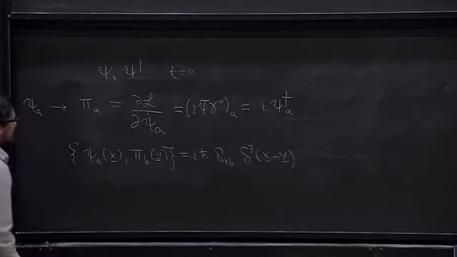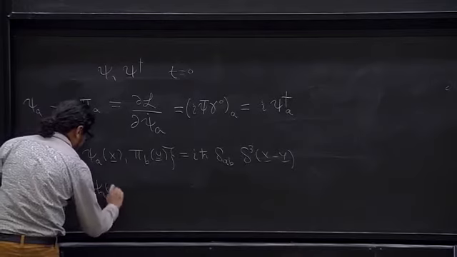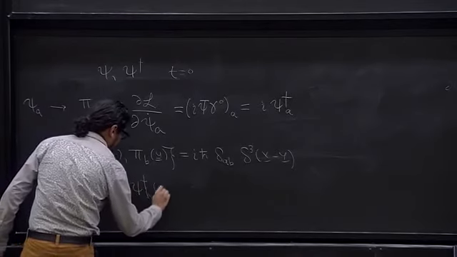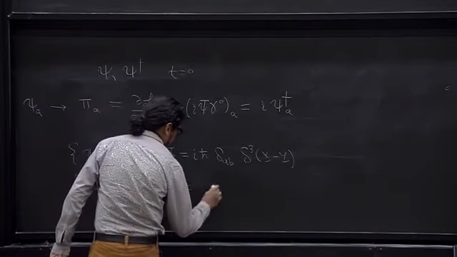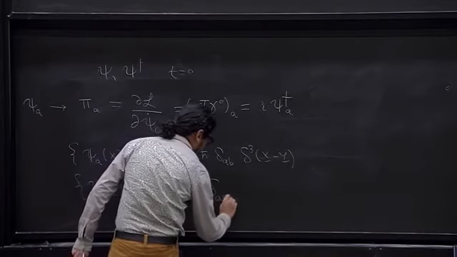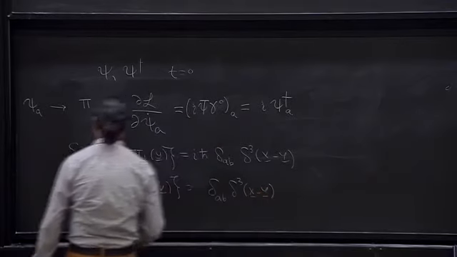If I now plug in the expression for pi, then this factor of i cancels out. And let's set h bar to 1.